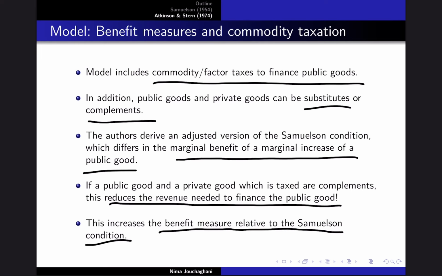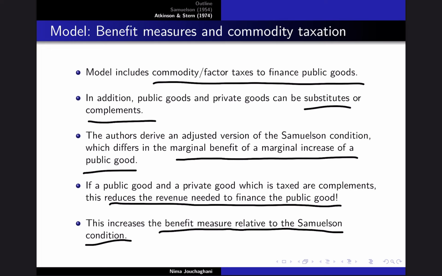If you marginally increase the amount of the public good, there is not only a benefit due to a marginal increase of the utilities for the individuals, but there is also a feedback effect, since the investment into the public good is financing itself through this complementarity.